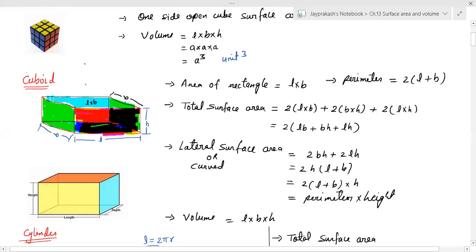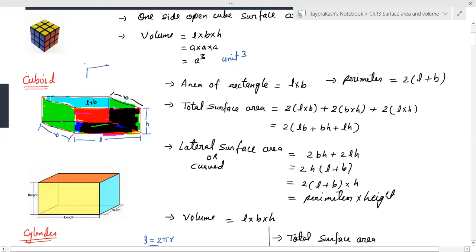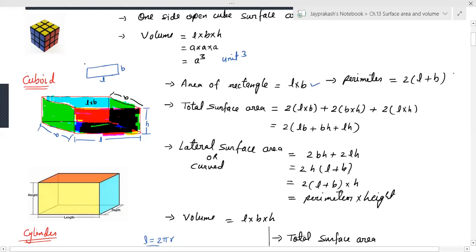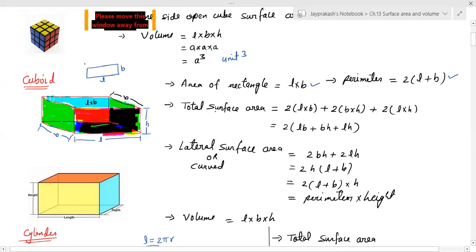Next is a cuboid. In a cuboid, all the faces are in the shape of a rectangle. This one is the breadth and this one is the length. So we can simply write the area of a rectangle is equal to L into B. Perimeter is twice L plus B. Now if we talk about the total surface area, again similar to the cube, a cuboid has six surfaces. Imagine a matchstick box.